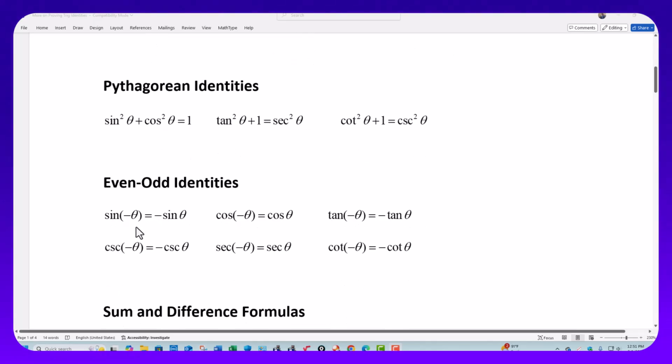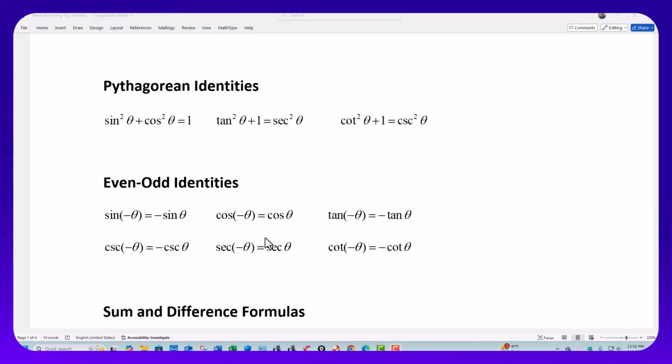Even odd identities. Sine of minus theta is equal to minus sine of theta. Cosine of minus theta is equal to cosine of theta. Tangent of minus theta is equal to minus tangent of theta. Now, if you evaluate a trig function at minus theta and get the same thing back, it's called an even function.